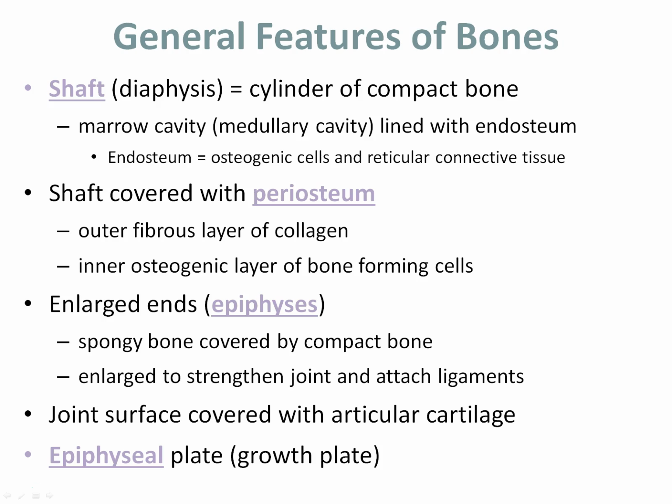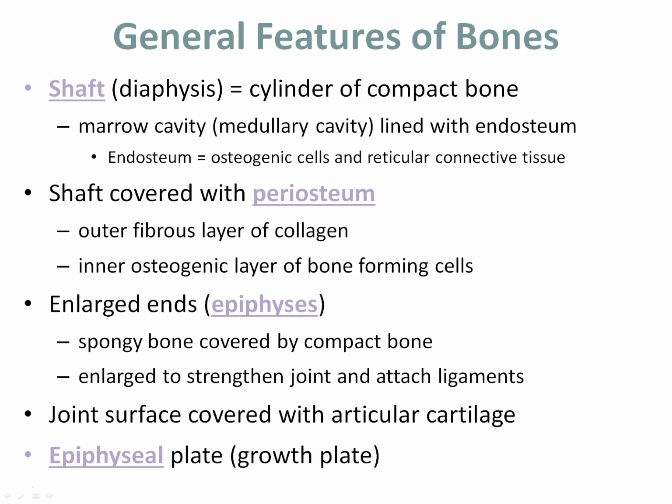Some general features of bones, more specifically long bones. Long bones contain a shaft or diaphysis, which is a cylinder of compact bone. That cylinder of compact bone contains a marrow cavity, sometimes also called a medullary cavity, and that cavity is lined on the inside with endosteum.